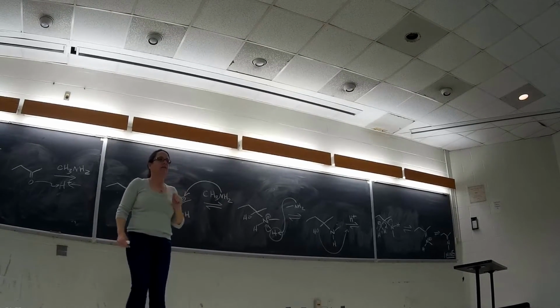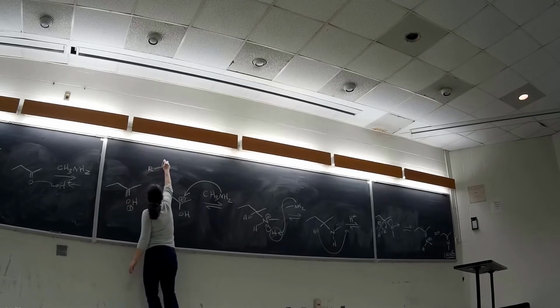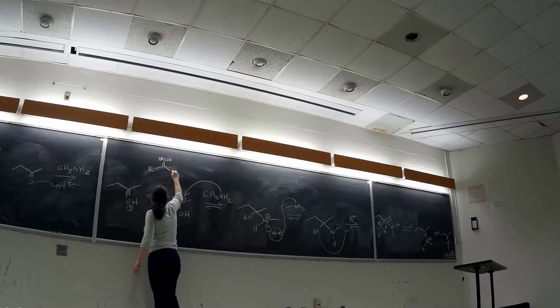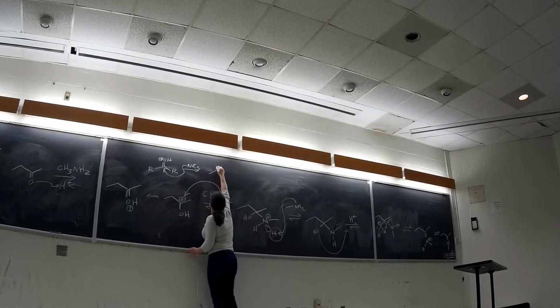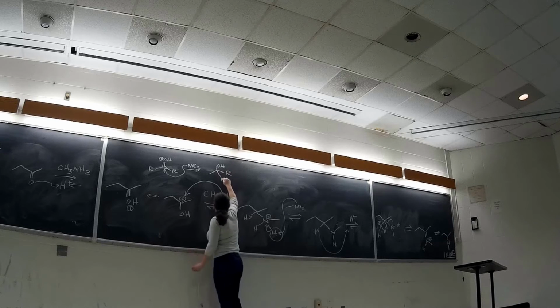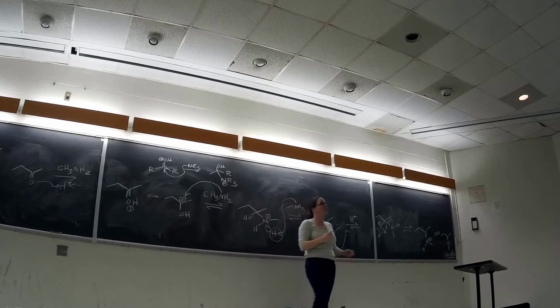Because with the tertiary amine, if we follow through just with a generic one here, and I had this guy here, and I added a tertiary amine, right? This is what I get.